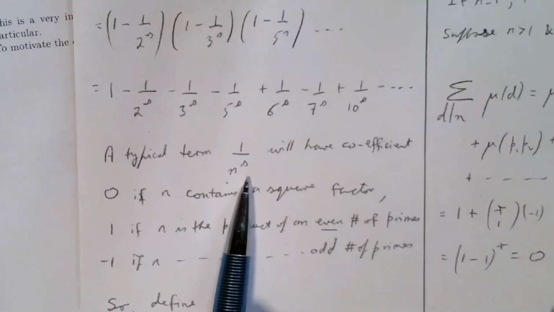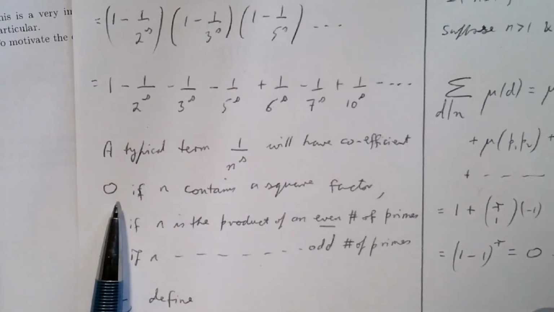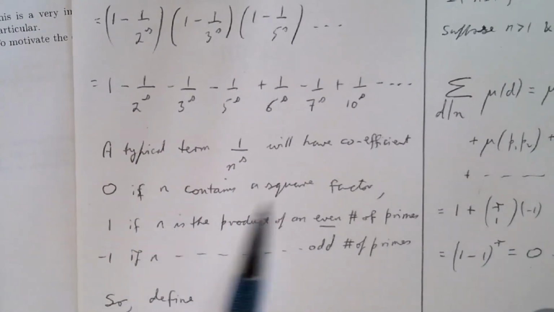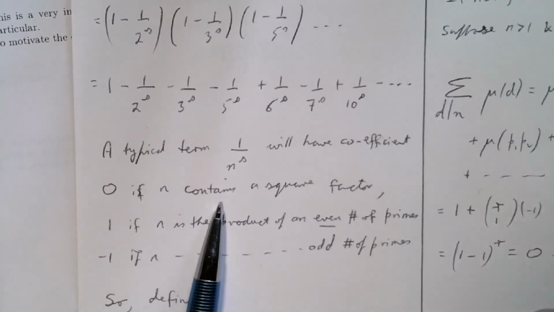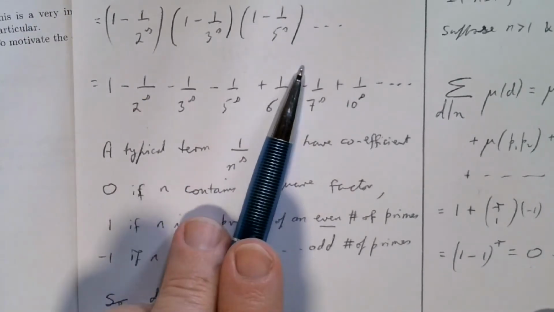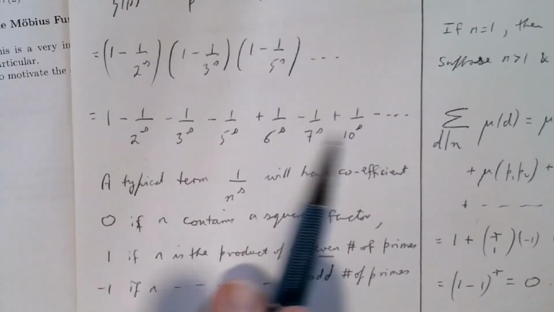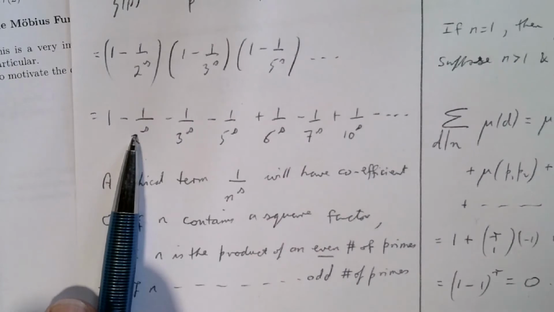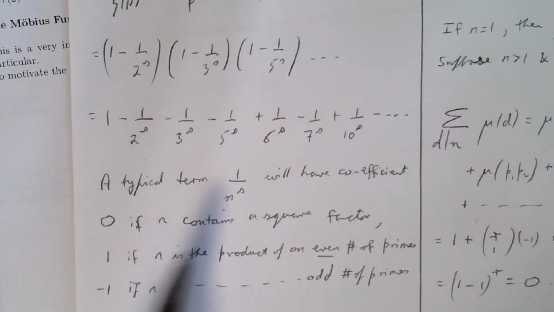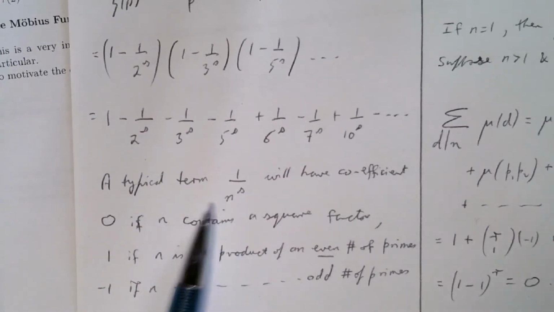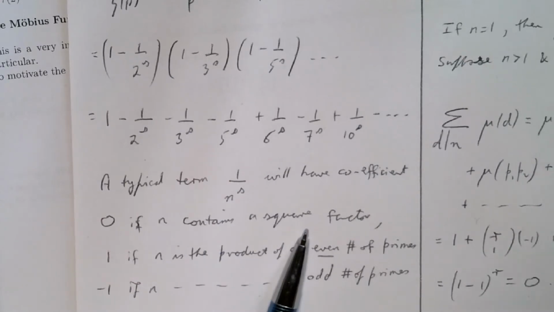Now a typical term in this expansion will have a coefficient of 0 if n happens to contain a square factor, because up here you can see you can't possibly get any square factors, and so you won't get any terms of this sort if n contains a square factor.